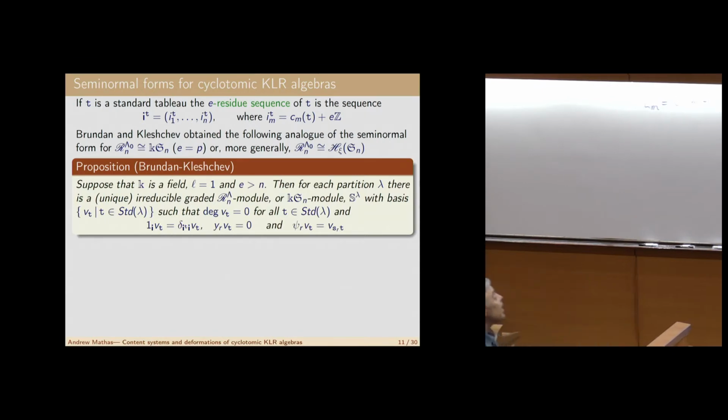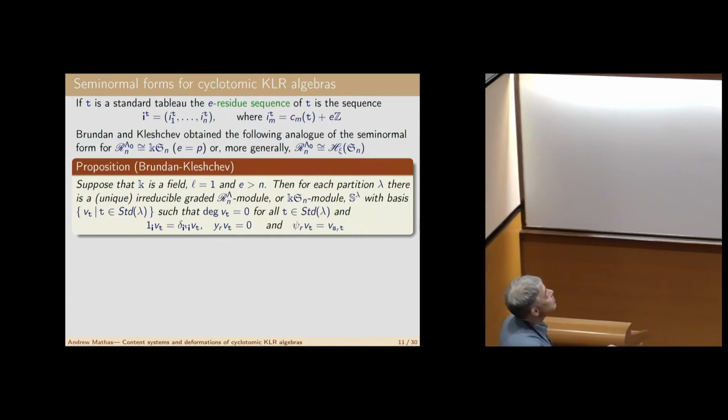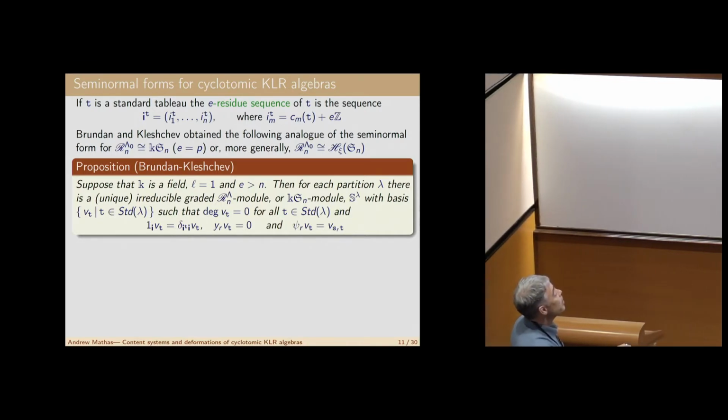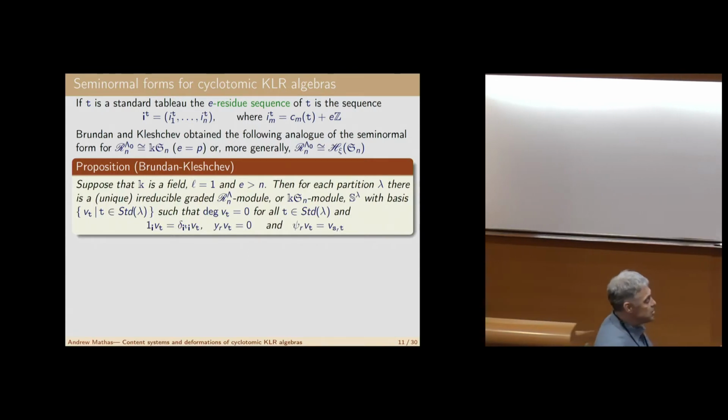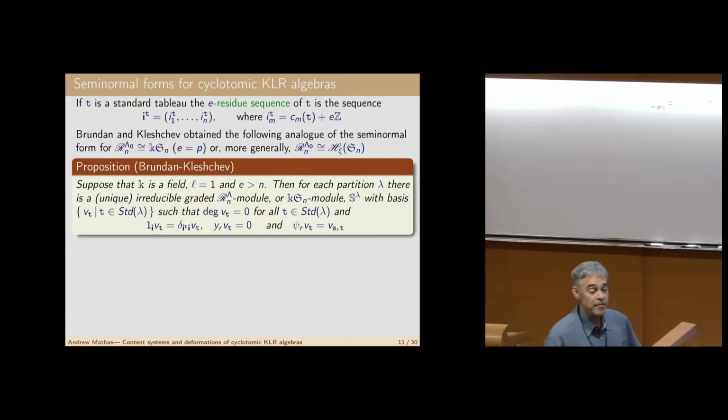So somehow in the KLR world, I should split up my Jucys-Murphy elements into semi-simple parts and non-semi-simple parts, but I need to keep track of residues now and contents. So in the semi-simple world, my content functions are all 0, but my residues are playing a role. So unlike in the semi-simple representation theory of symmetric groups, where I just have contents and they tell me everything, in the KLR world, I should have content and residues, and I should use both of them.